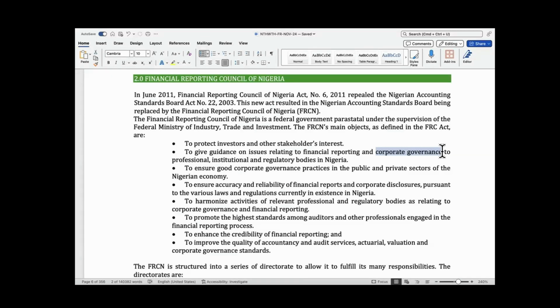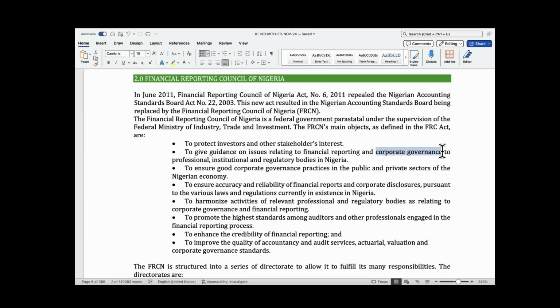Because if the CFO prepares a revenue and is showing 30 billion, the MD might tell him, see, I cannot present this to my shareholders. My board of directors will think I have underperformed. We need to find a way to make this 35 billion. If that happens in any entity, then there is no corporate governance. There is corporate governance where the CFO reports directly to the audit committee of the board.